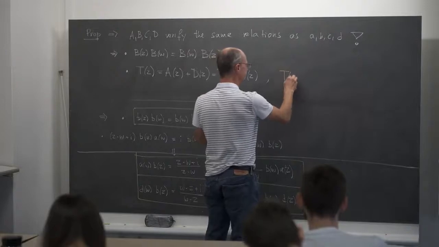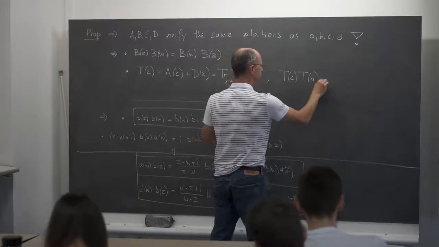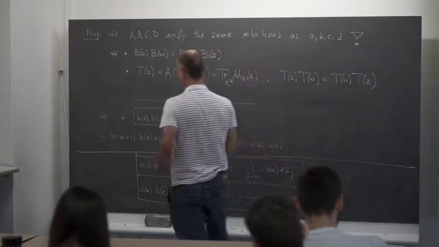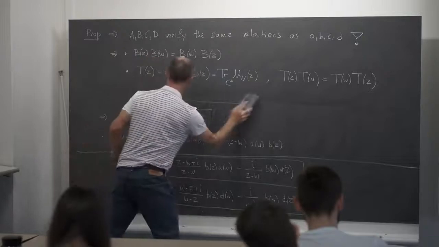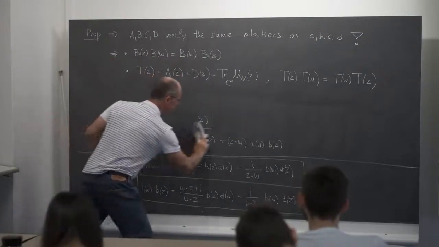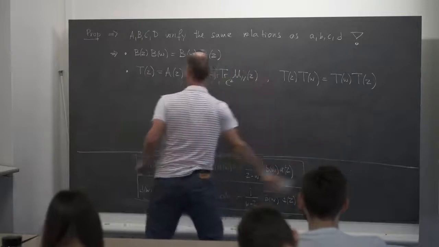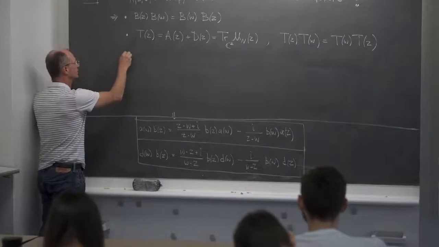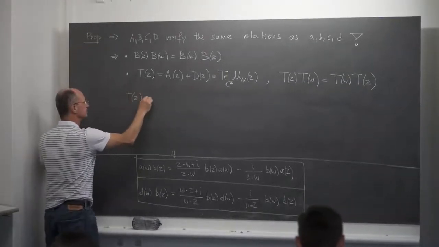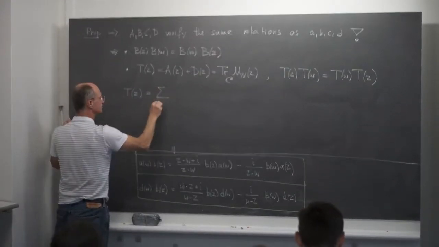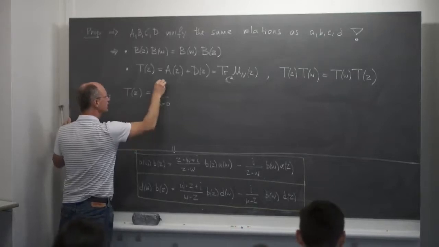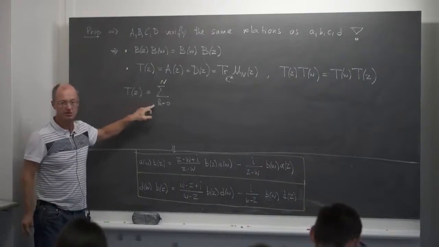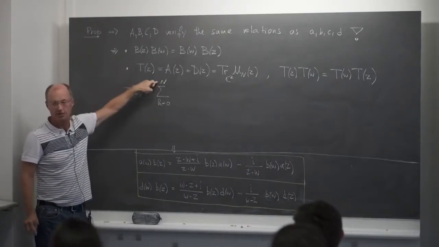And we get, now we actually know that T of z is a polynomial in z of degree bounded by n.